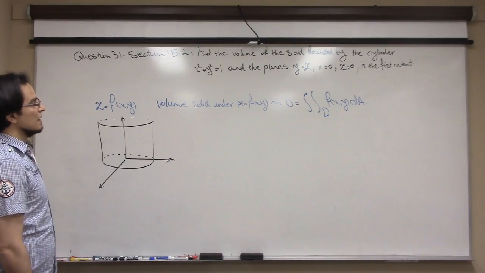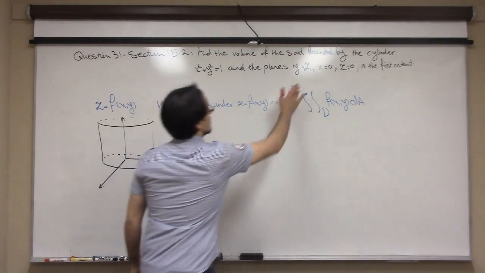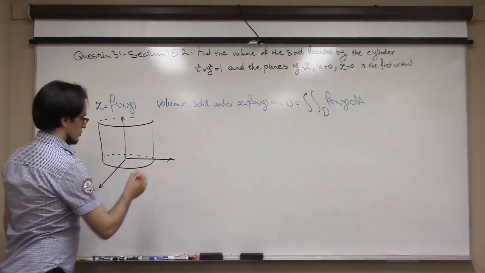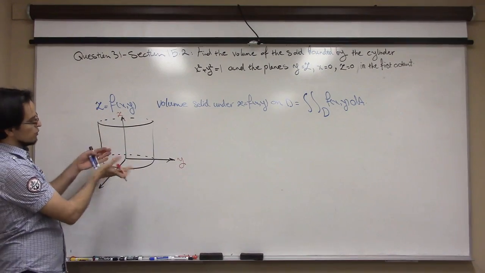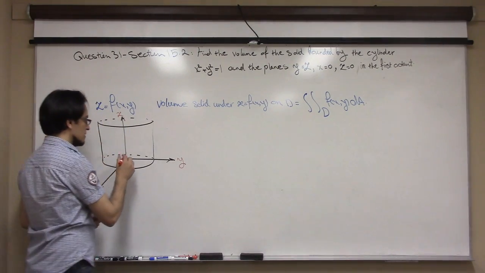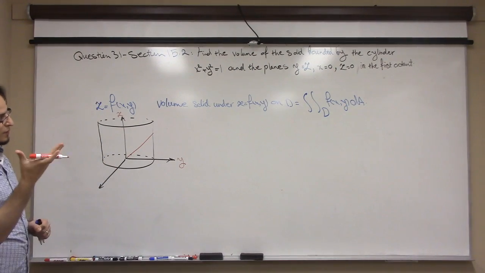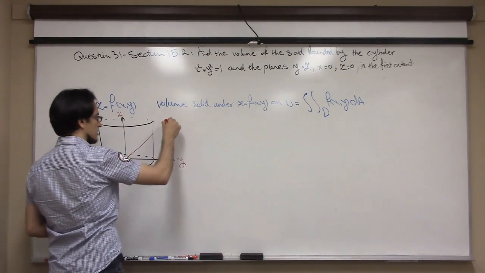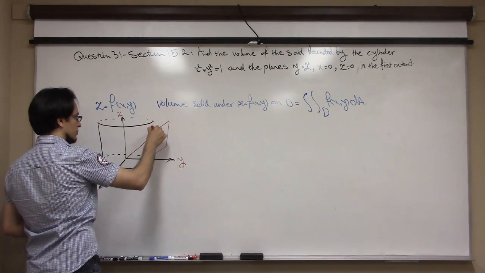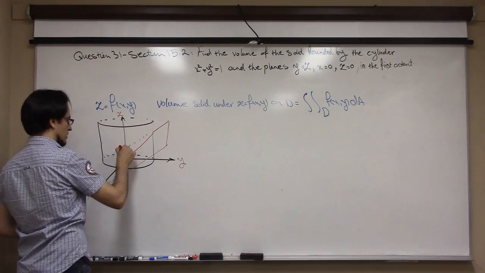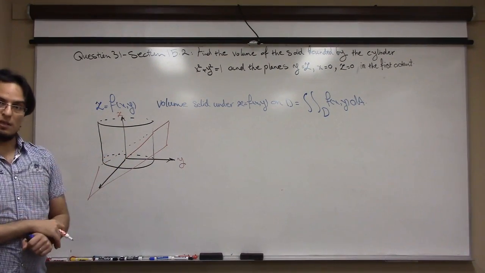The second thing is the plane y equals z. If you have just the yz plane, this basically gives you a line. But since we are in three dimensions, it is going to be a plane cutting through our cylinder.